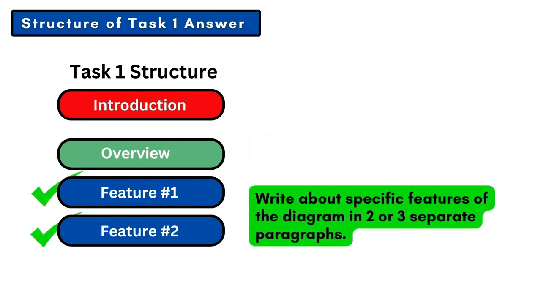The next one, paragraph 3 and 4, feature 1 and feature 2. It can be 2 paragraphs, it can be 3 paragraphs. So write about specific features of the diagram in 2 or 3 separate paragraphs.